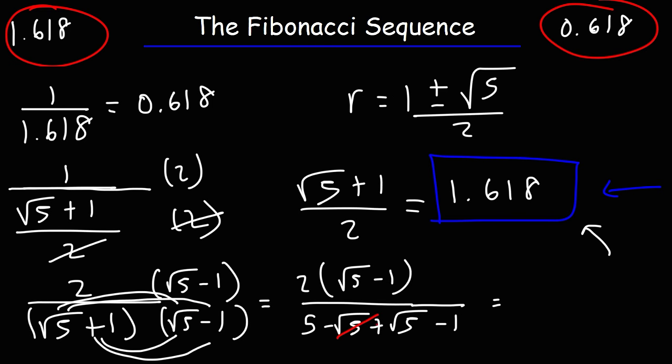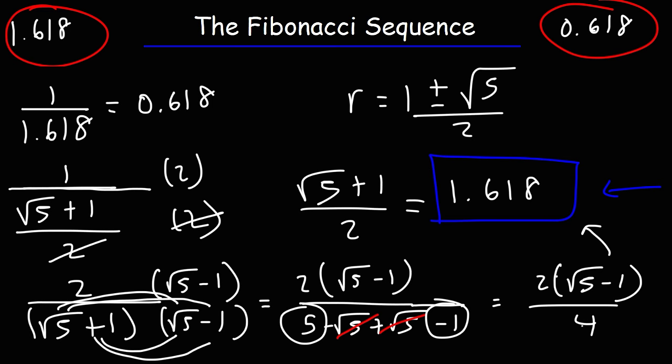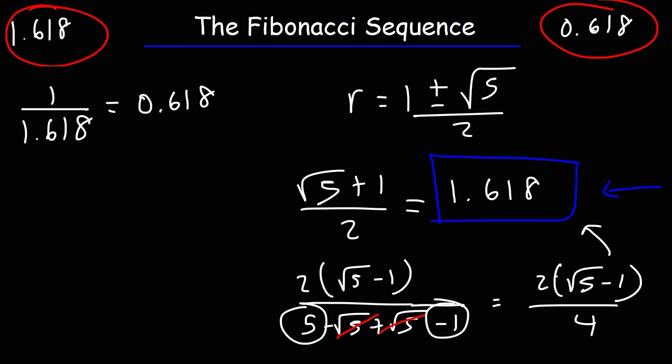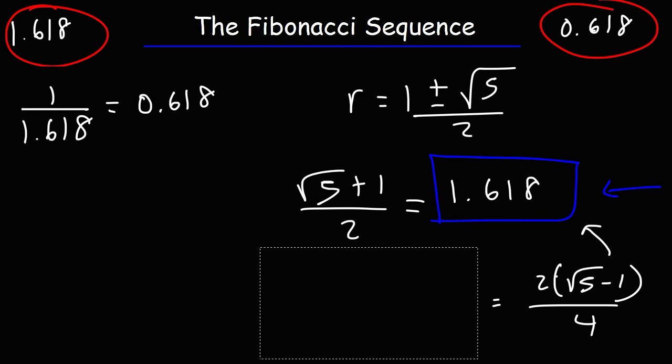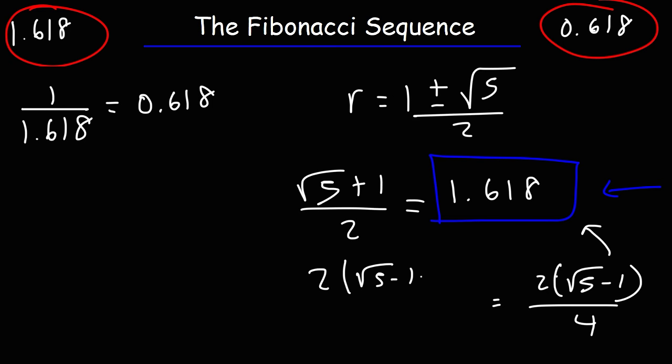The two middle terms will cancel. They will add up to 0, and then we'll have 5 minus 1, which is 4. So we have 2 times the square root of 5 minus 1 over 4. Now working towards the left, we can break down 4 into 2 times 2 and cancel a 2.